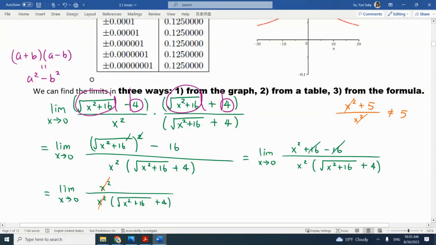The x squared, when x goes to 0, makes the numerator and denominator 0. So that's the bad guy. We have to leave. Right? We find the bad guy and cancel it. By the way, if we cancel x squared, what's left on the numerator? 1, right? Not 0, right, everybody?